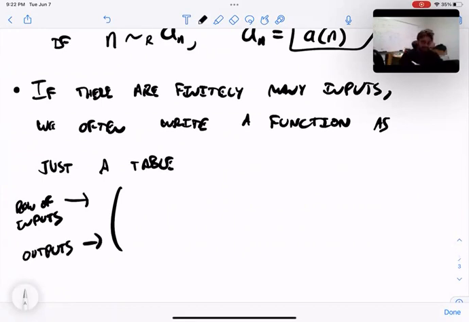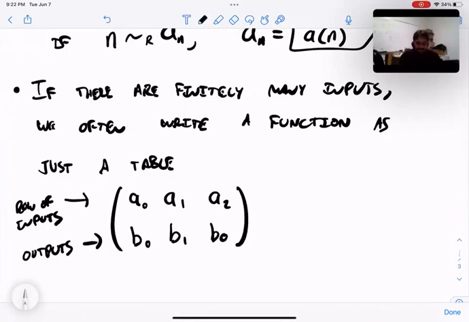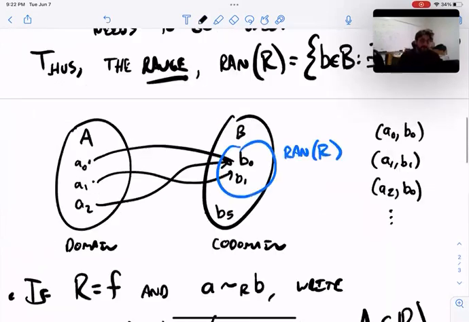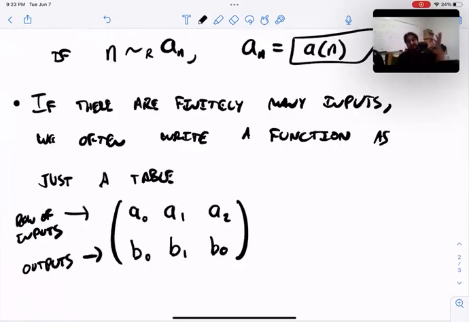So there you would list A and the corresponding B, say A0, B0, A1, B1, A2, B0. This would be representing this same function that I showed up here. These three arrows that I showed up here would be a way of representing that in a table. So I'm just listing inputs and outputs. Especially if you have finitely many inputs, it's very common to represent a function like that, where the top entry gets mapped to the bottom entry for each column in the table.